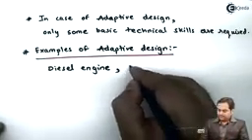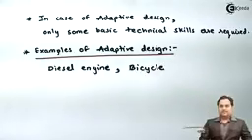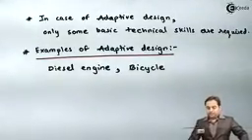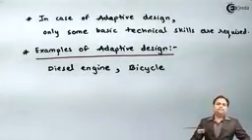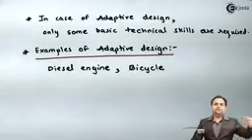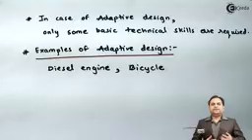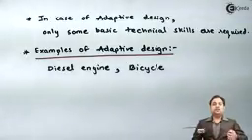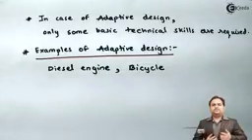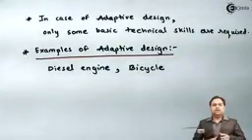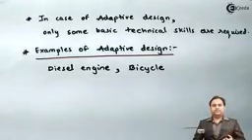Next, I can give the example of bicycle. Previously we had a bicycle which was driven by pedal and there was a chain which was transferring the motion. Now there are even bicycles which are gear operated. So previously bicycles were existing, then we made a small modification by providing a gear arrangement, so it became adaptive design.